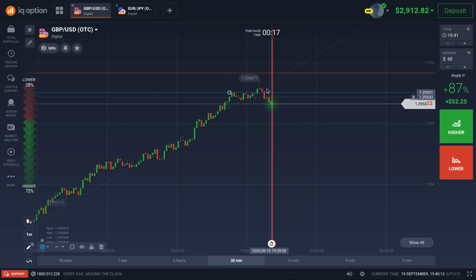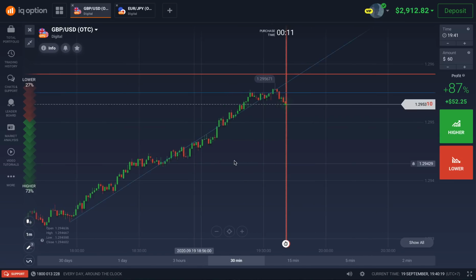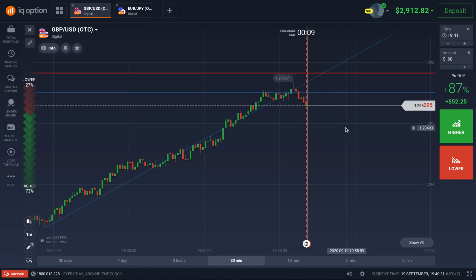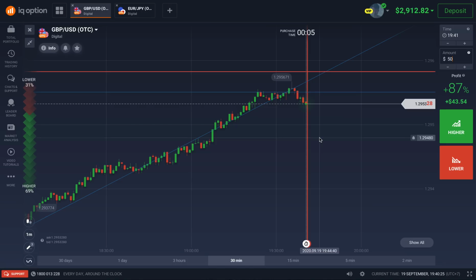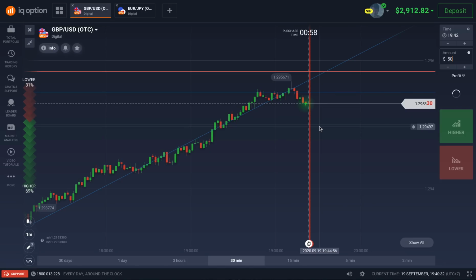As we see, the trend is now taking shape moving a little down. So this is how we are trading. The 1 minute trading is pretty risky, but if you understand the power of sell and buy, then you will be in control of your money.